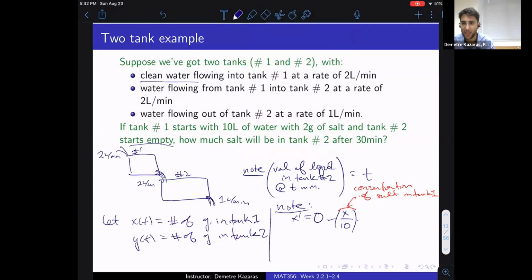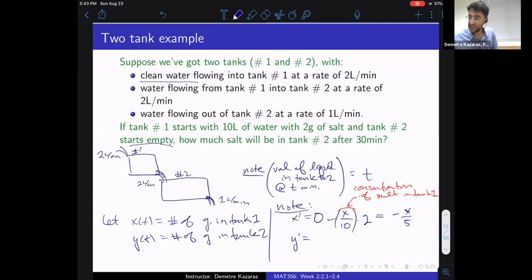We need to multiply by that 2, the rate at which the water leaves, so 2 liters per minute. So in total, x prime is equal to minus x over 5. Definitely separable and definitely not so hard to find a formula for it. Now, we'll do that in a second, but let's turn our attention to y. y is a little bit more complicated.